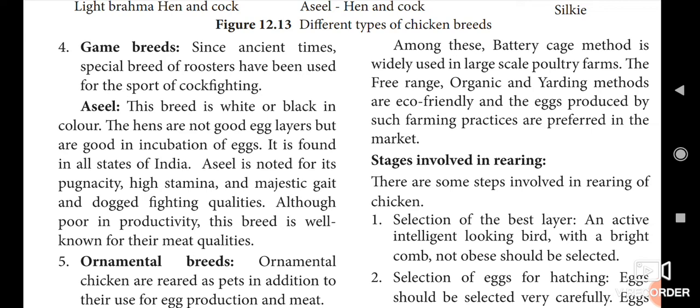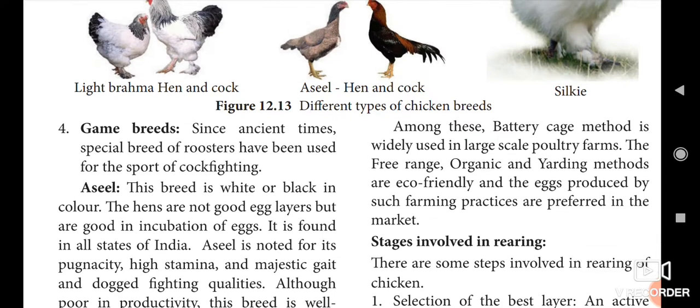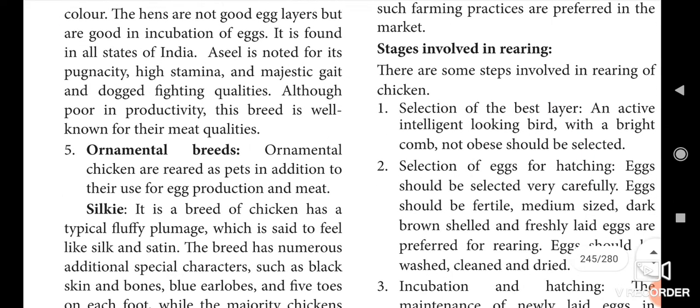It is found in all states of India. Aseel is noted for its pugnacity, high stamina, majestic gait and fighting qualities. Although poor in productivity, this breed is well known for its meat quality. It is also used for meat.